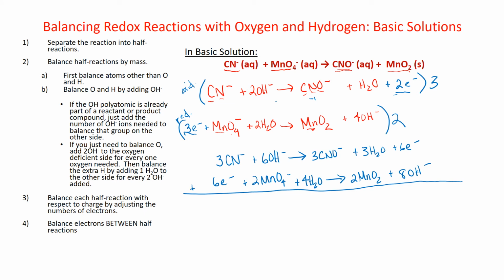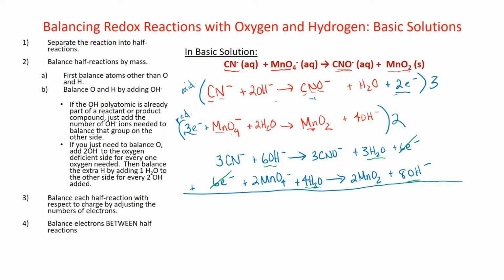So I know that I can cancel out my electrons because I made sure that I had the same number of each in those two half reactions. But I can also cancel out at least a portion of my hydroxides because I have those on opposite sides, and my waters. I have those on opposite sides as well. Now these don't perfectly cancel out because I don't have the exact same number on opposite sides, but I can cancel out a portion.